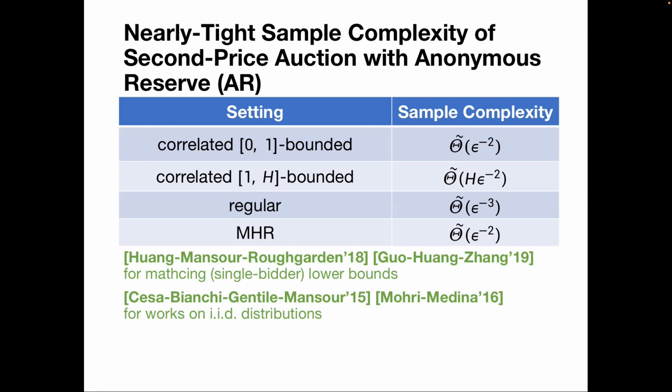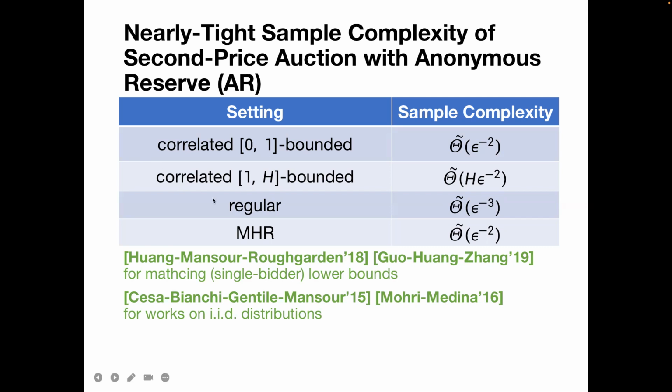Another interesting thing is that we notice that in the two bounded support settings, our algorithm and our sample complexity results do not require the value distributions to be independent. That is, even for correlated value distributions, the same sample complexity still holds.